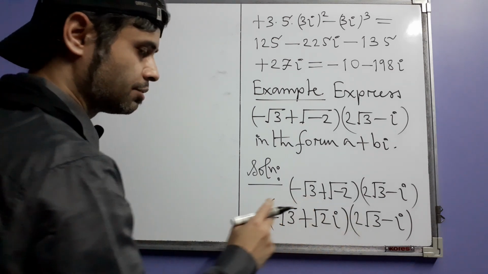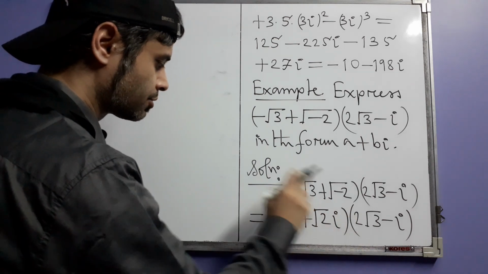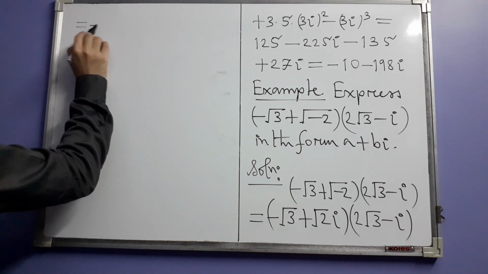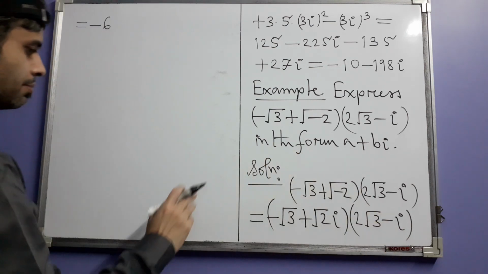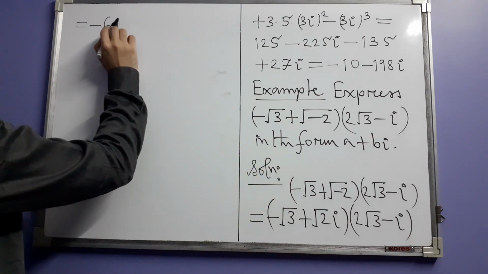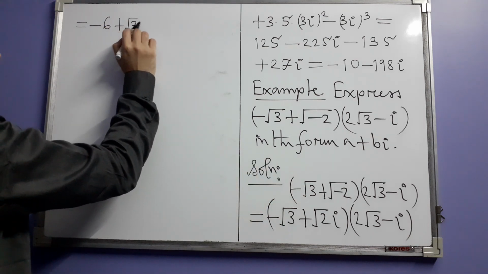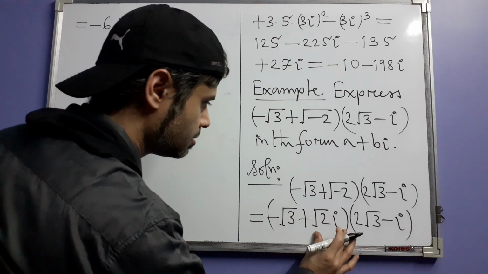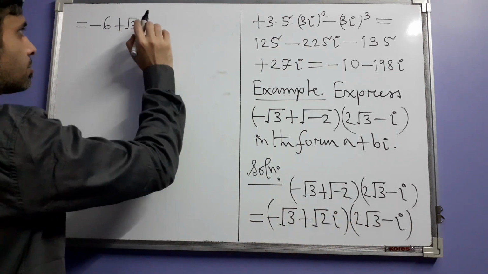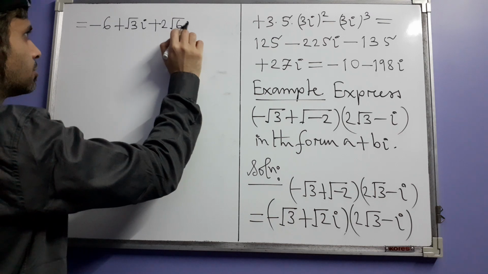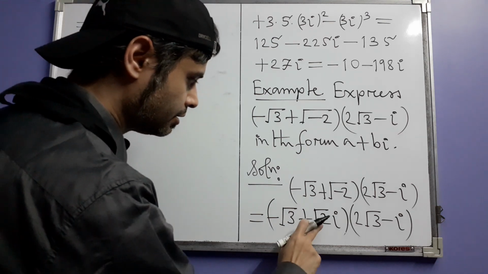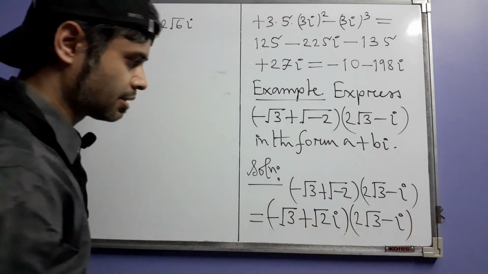Root 3 and root 3 will give you 3. 3 times 2 is 6 and there is a minus sign, minus 6. Then root 3 times this, minus root 3 times minus i, so plus root 3i. Then this times this, so it will be plus 2 root 6i, and finally root 2i times minus i.